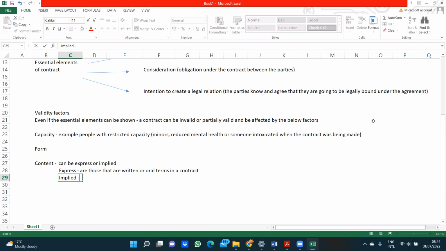is, for example, what you have to follow by statute, or by the nature of the contract, or custom or usage.